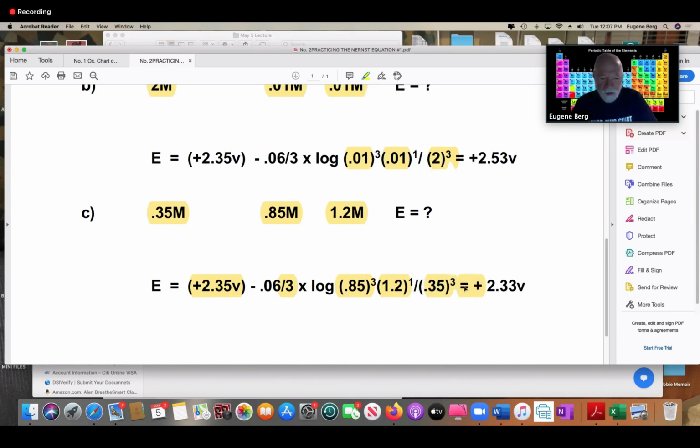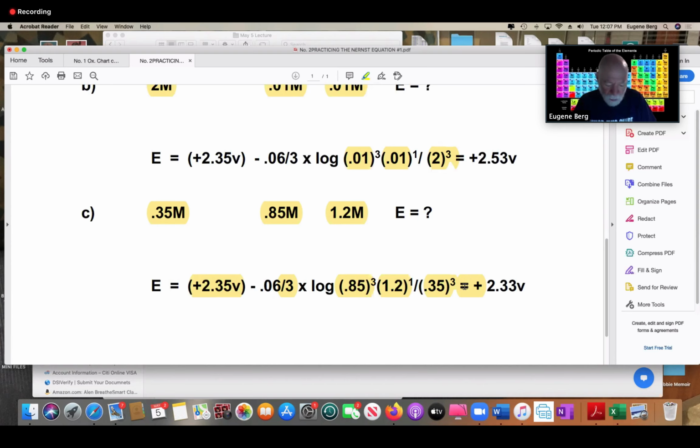Okay, let's see if I can have better luck on my calculator this time. So I've got 0.85 times 0.85 times 0.85, times 1.2, divided by 0.35 three times. I get an answer of, wow, 17.1.